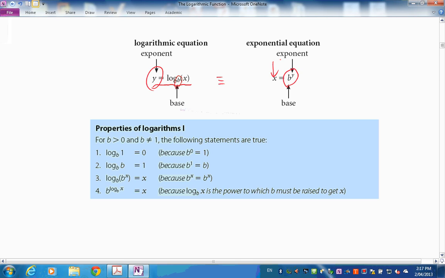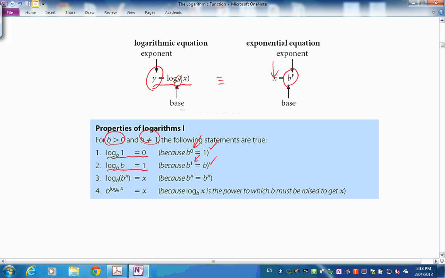So let's try to formalise it a bit now. If b is a positive base, and it's not 1, because 1 to any power is just 1, then log to the base b of 1 is 0, because 0 is the power you raise b to get 1. Log to the base b of b itself is 1, because 1 is the power you raise b to get b.